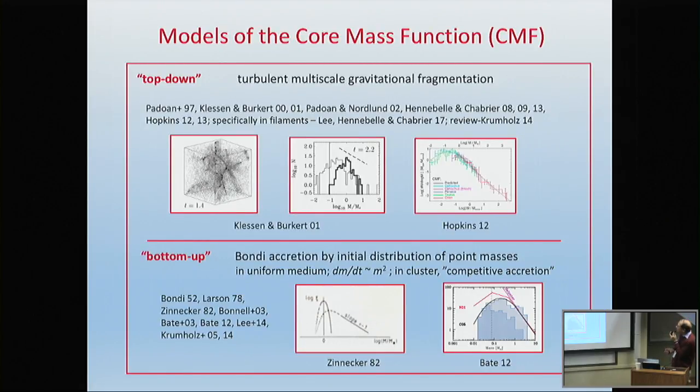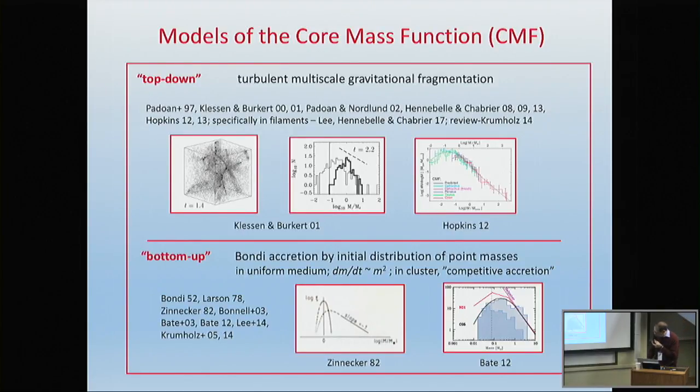And this has also been pursued in simulations. You start out with a turbulent simulation, and you find that indeed it looks somewhat like the IMF, but it has been interpreted by one school as verifying the idea of competitive accretion, whereas turbulent simulations, which are somewhat similar in their starting points, have been interpreted as reflecting this multi-scale gravitational fragmentation.